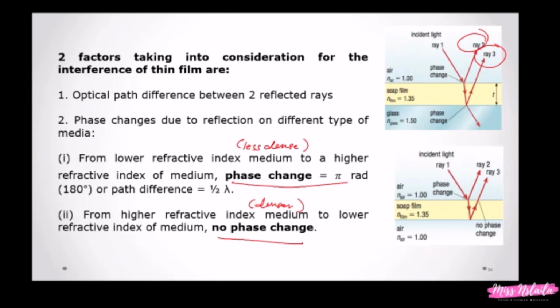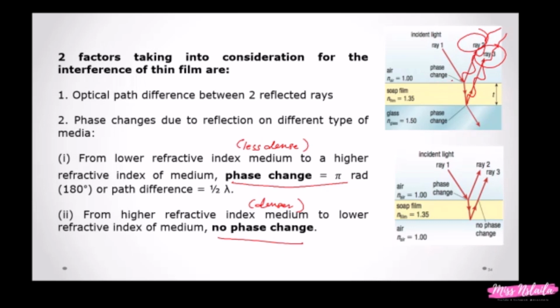The light wave from ray 2 will interfere with the light wave from ray 3 at a point, and will undergo constructive or destructive interference. So you will see either a bright color or a dark color, depending on constructive or destructive interference.